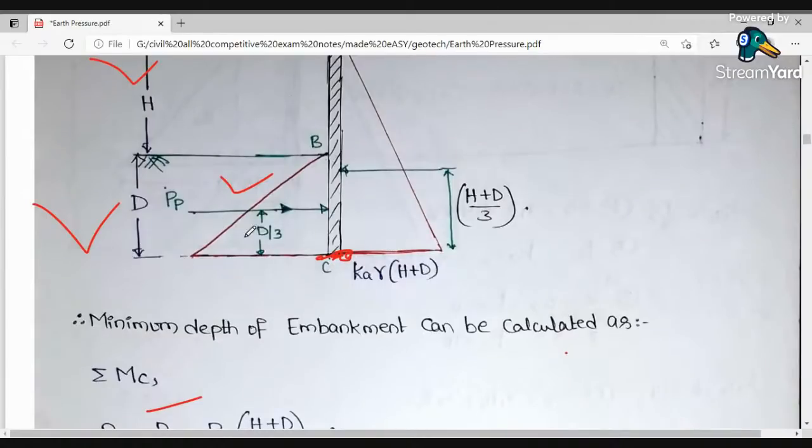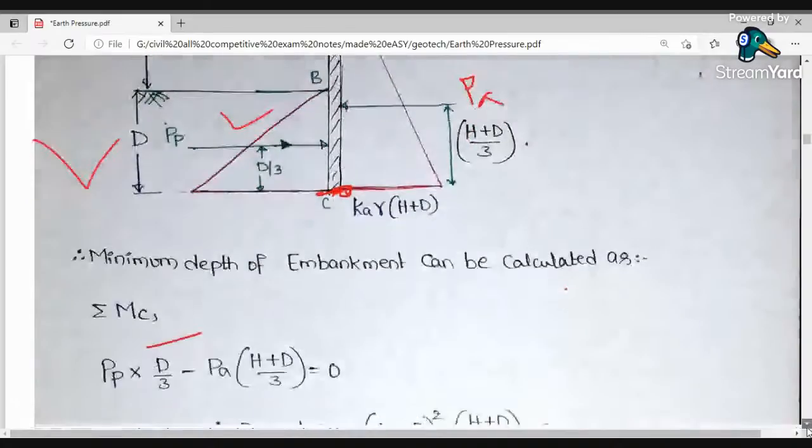And then comes the active pressure PA, which is plus d by 3, but the direction is opposite, right?